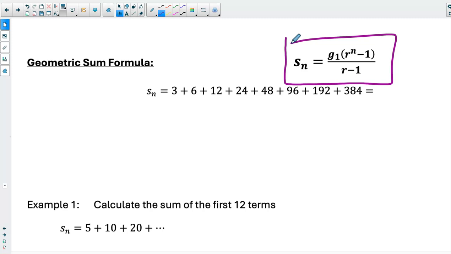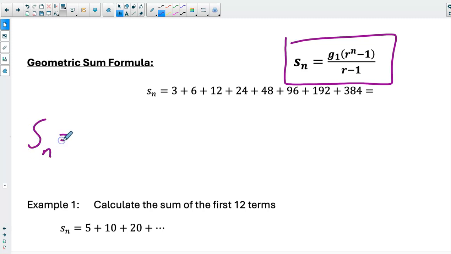And notice, where's g of n? Up here. Where's my last term? There's no g of n. Okay? So if you're looking for a geometric series, the sum of it, you actually don't need to know your last term. You need to know your first term, how many terms you're looking at, and then what your multiplier is. That's it. So we're going to do a couple calculations and see how it works.